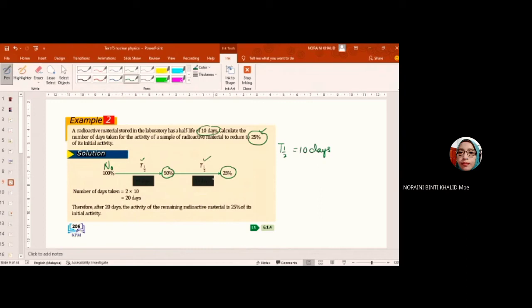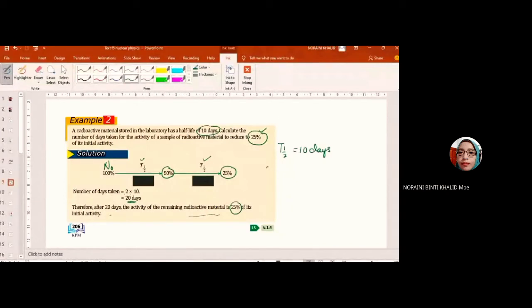So the time taken equals 2 half-lives. Thus, the number of days required is 2 times the half-life of 10 days, so 20 days. Therefore, the activity of the remaining radioactive material becomes 25% of its initial activity after 20 days.